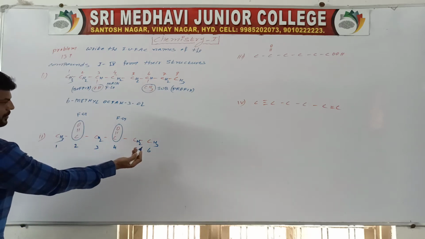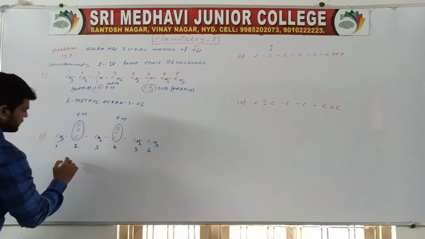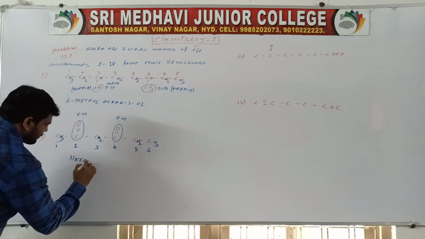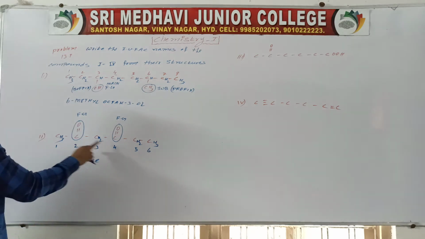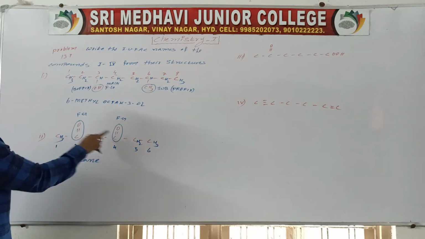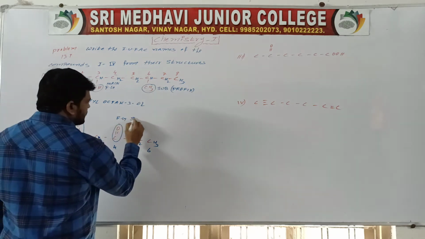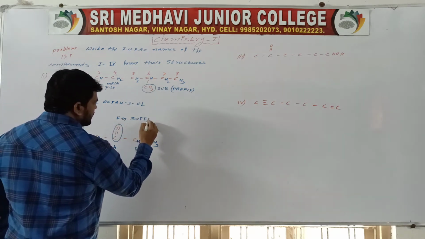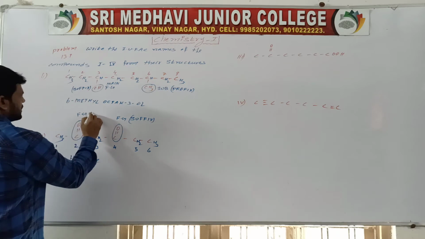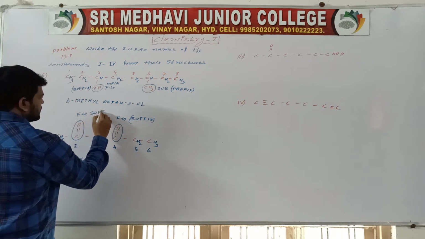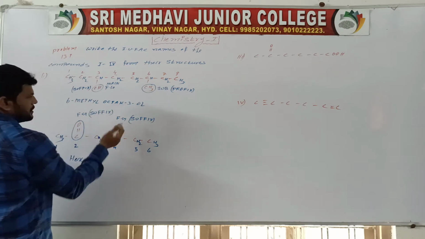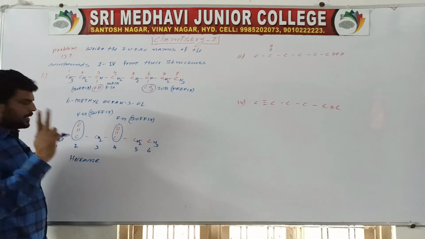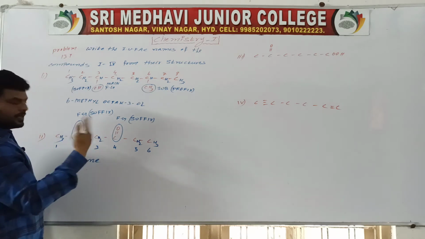How many carbons in the chain? 6, so hexane, and we have to mention the positions. Both carbons are written in the suffix, so di, 2 for di.